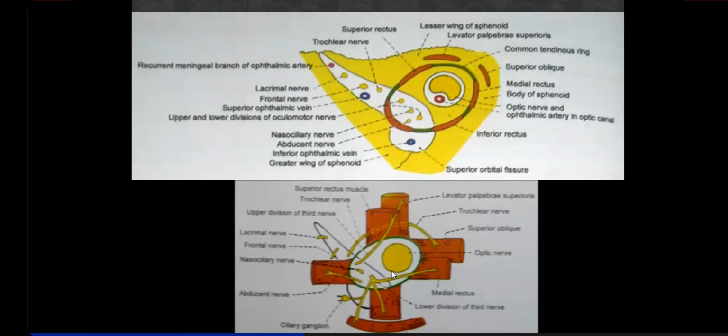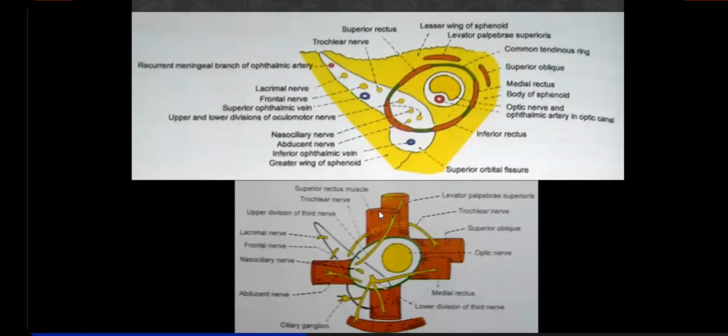Now let's see how it innervates the muscle, and which muscle it innervates. It's the lateral rectus. This is the common tendinous ring, and you find this is the optic nerve and the four nerves entering into the orbit through the middle portion, between this common tendinous ring. These are the two divisions of oculomotor, the nasociliary as well as the abducent.